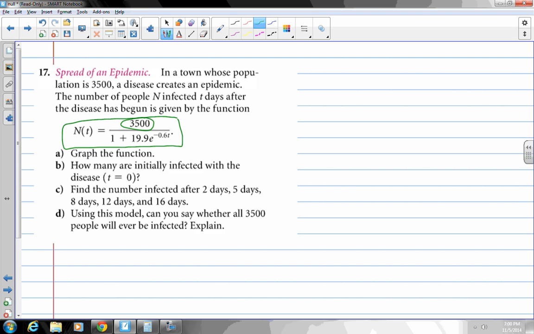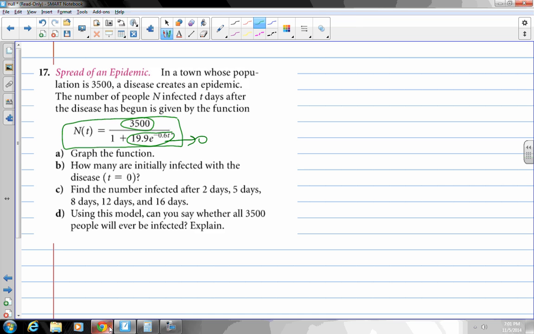And that actually will happen as t is growing because of the negative exponent. This whole expression will approach 0 as t gets bigger and bigger, because you're putting things in the denominator. So you'll be basically left with 3,500 over 1, which is 3,500.